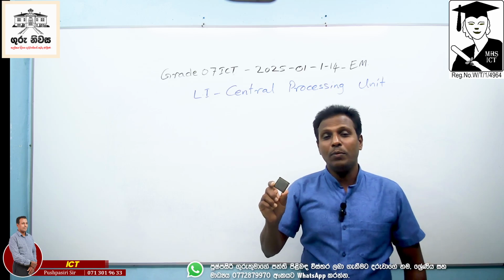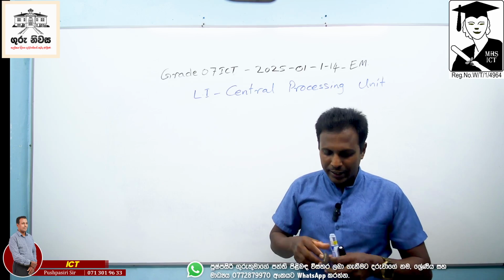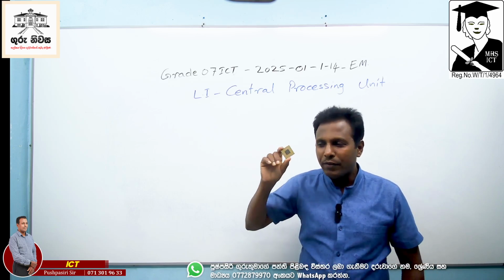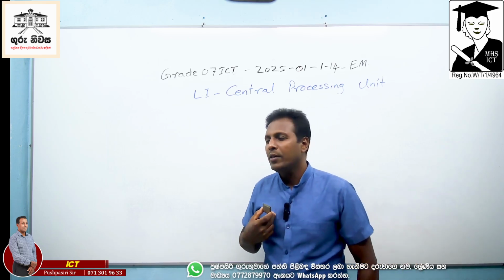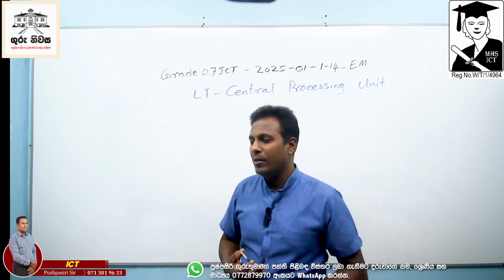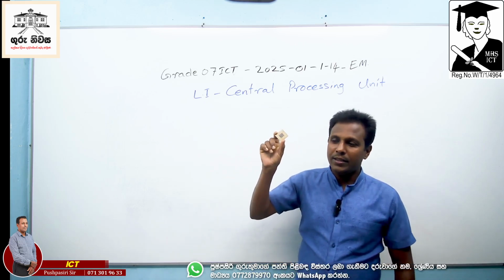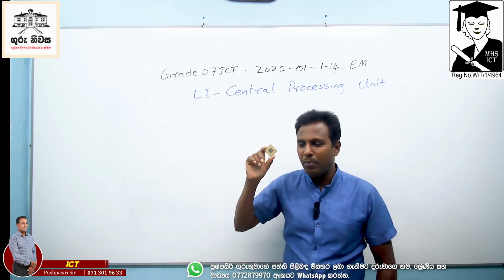This is the valuable part of the computer, and this is considered like the brain of the computer. It's a brain. So we have a brain, no? Brain is our main part. Without the brain we can't do anything, no? In the same manner, this is the brain of the computer.